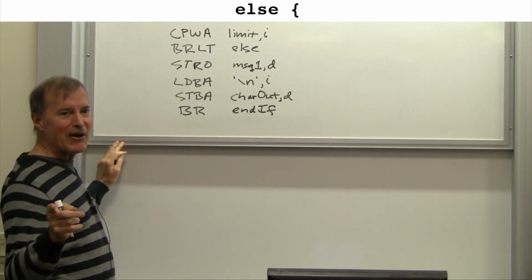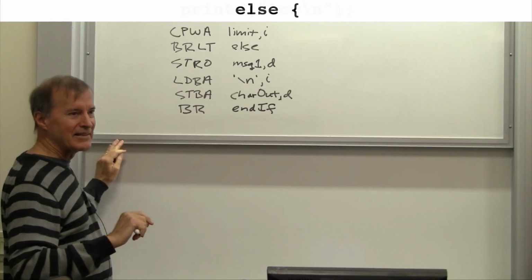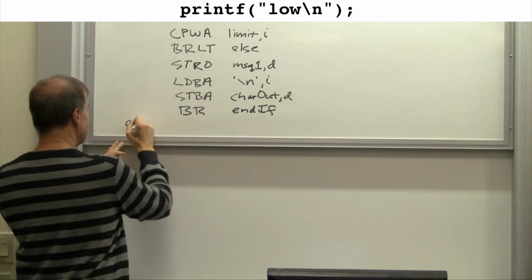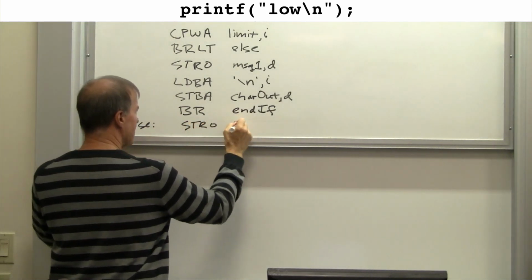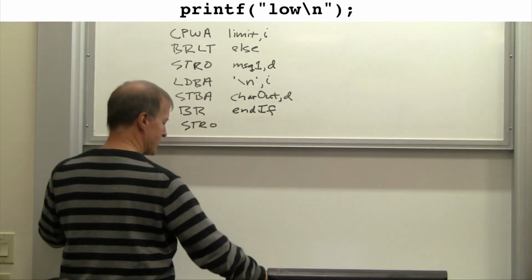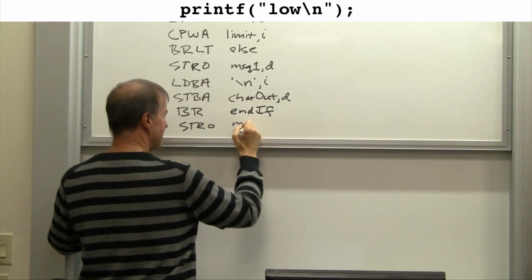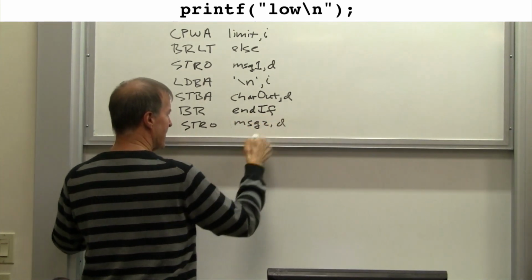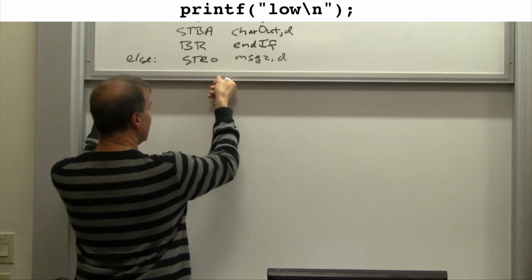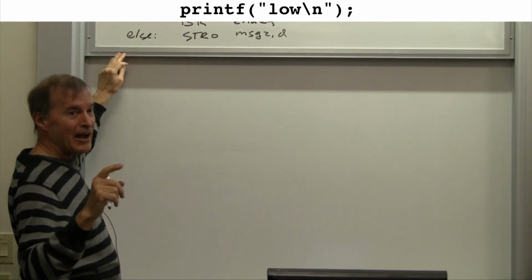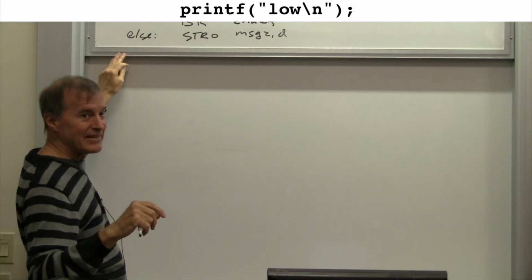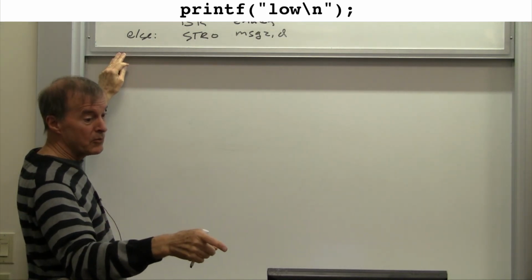Okay, now what? Now else. STRO message 2, direct is correct. We're getting good at this, huh? And now what? Dot stop? No, because we're doing the printf.